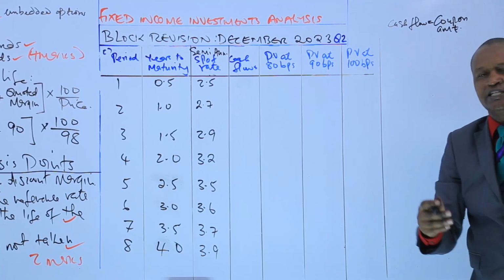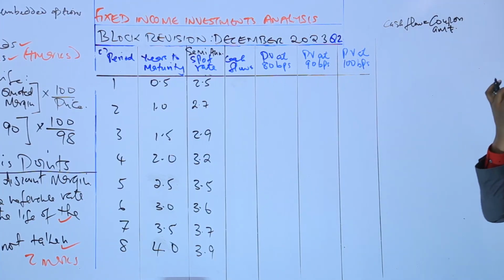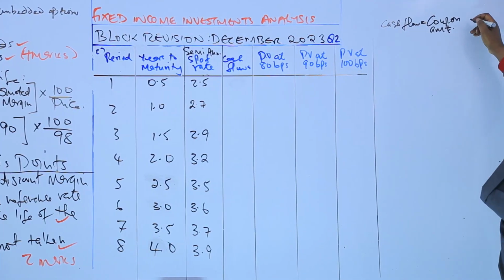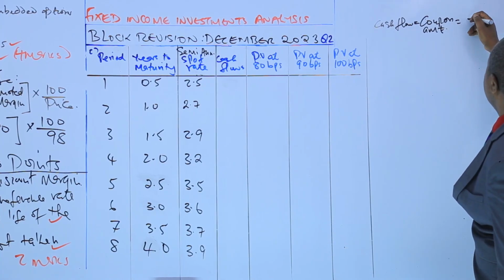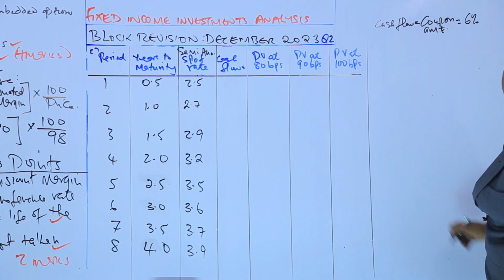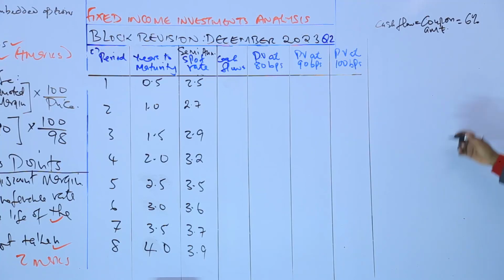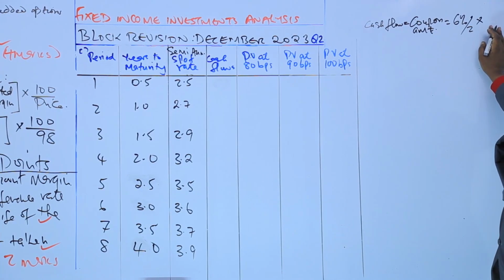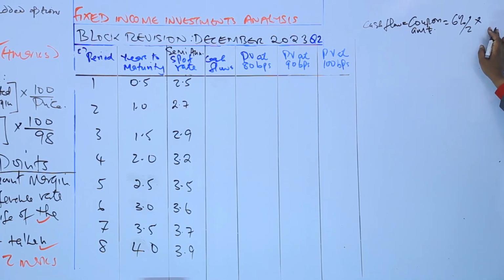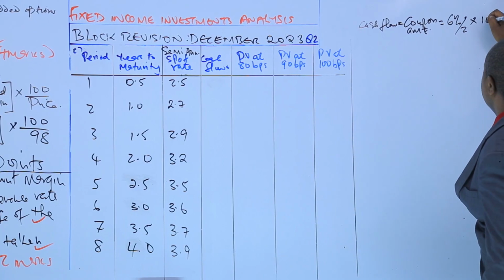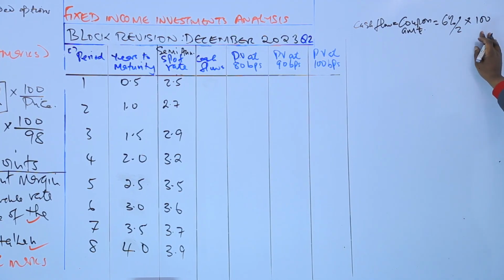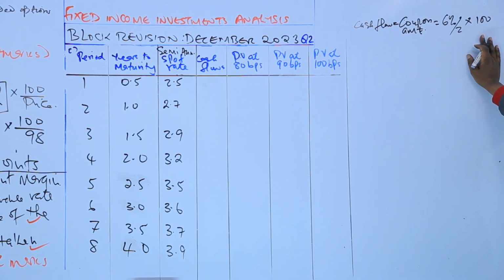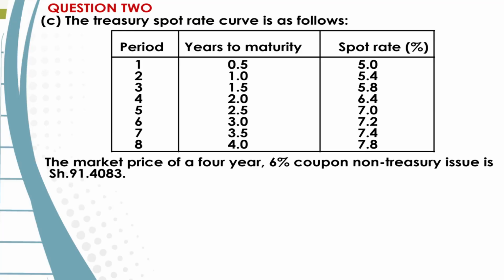And how do we calculate the coupon amount? The coupon amount will be calculated by first dividing the interest rate of 6% by 2, because it's semi-annual. Then this we multiply by the par value of this bond, which is 100. Now, where did I get this 100? This 100, candidates, is assumed from the market price.